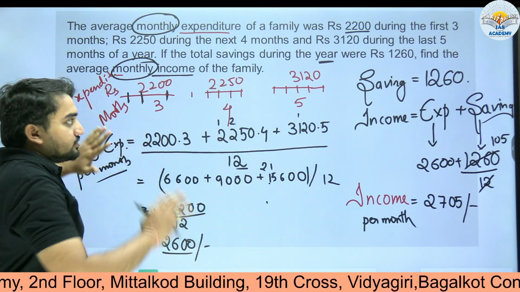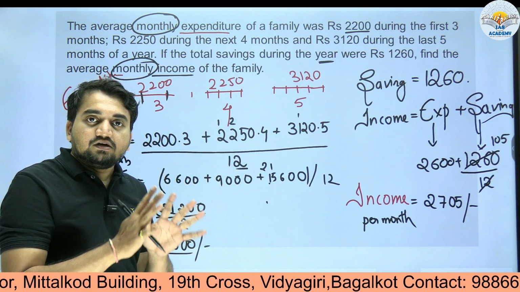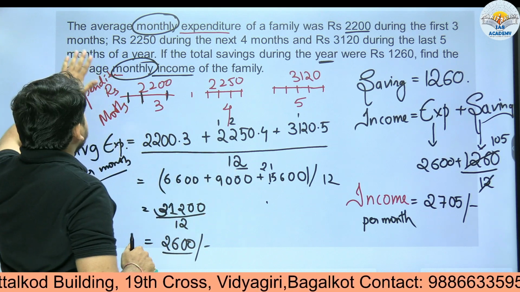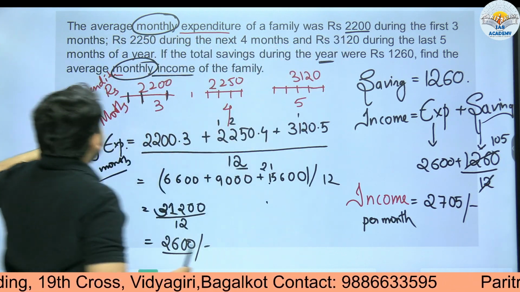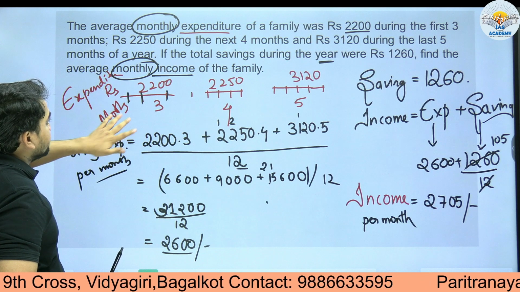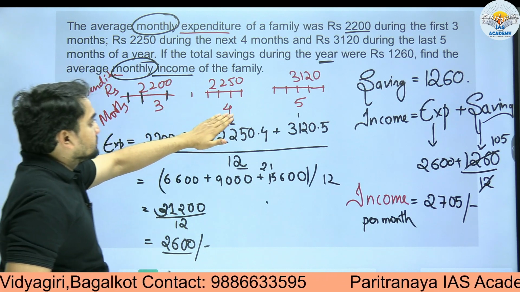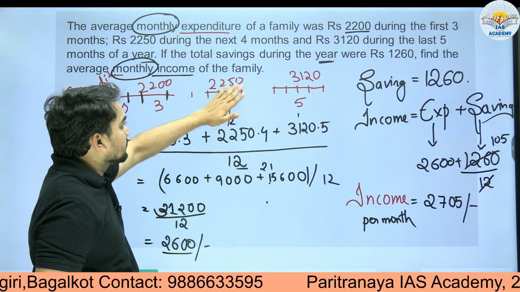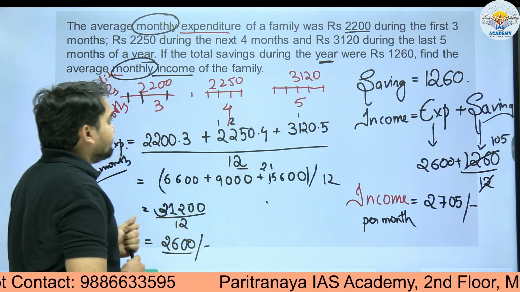I hope you are getting what I have done. First I took down what was given in the question. Average monthly expenditure of a family was given: for the first 3 months 2200, next 4 months 2250, last 5 months 3120.